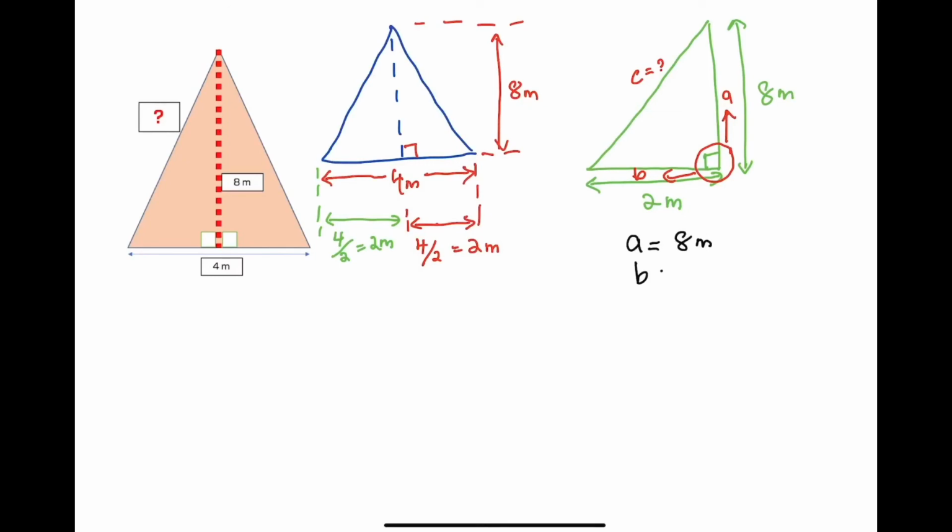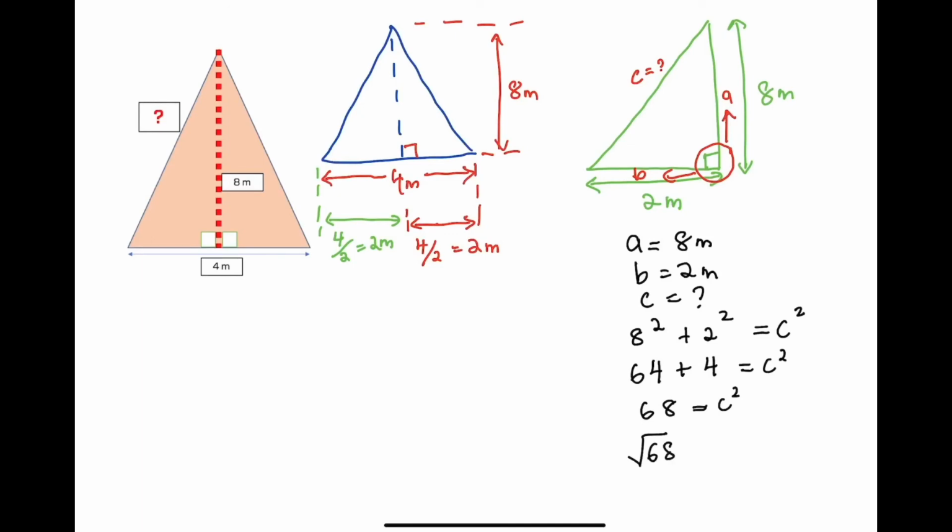So A is 8 meters, B is 2 meters, and C is unknown. Putting this into the equation, we can solve for C. In this case, the square root of 68 will give us the length of C.